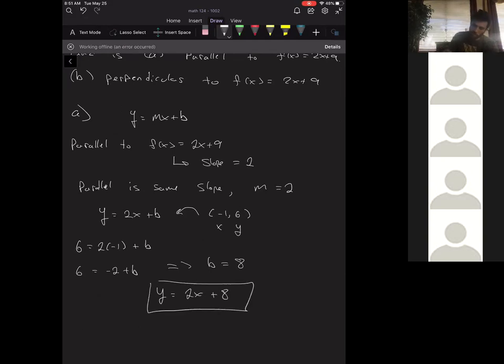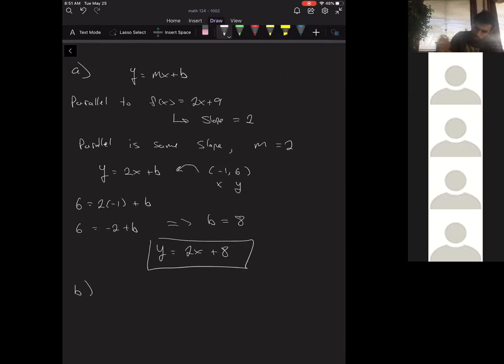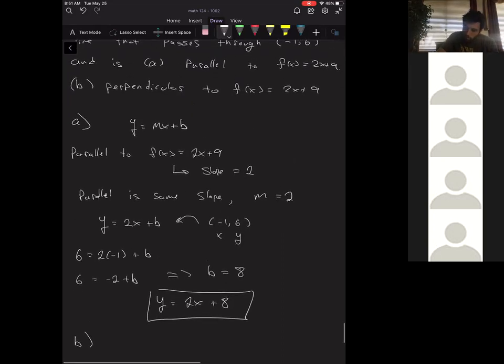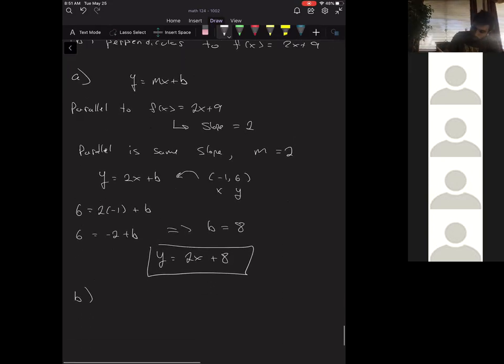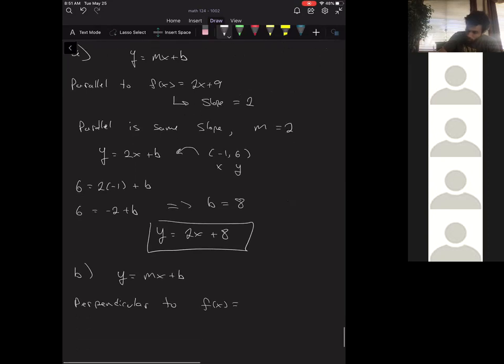Okay, now let's do part B. All right, again, we're wanting an equation of the line. So we want y is equal to mx plus b. And we want to be perpendicular to f of x is equal to 2x plus 9.